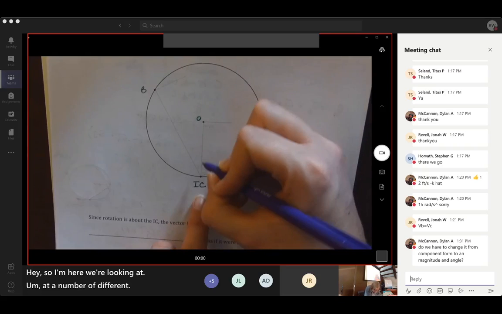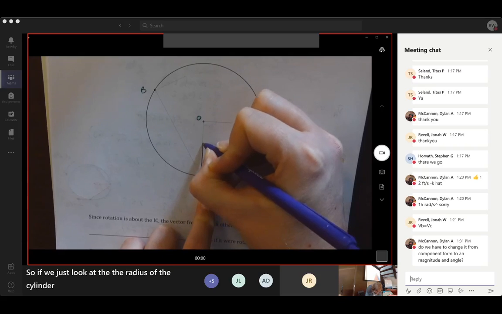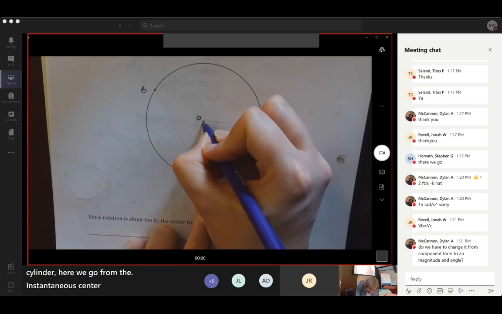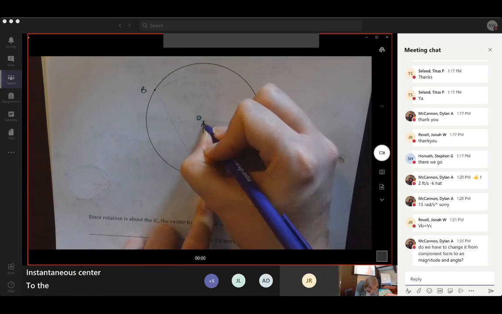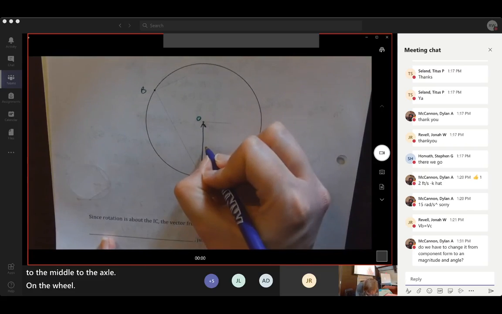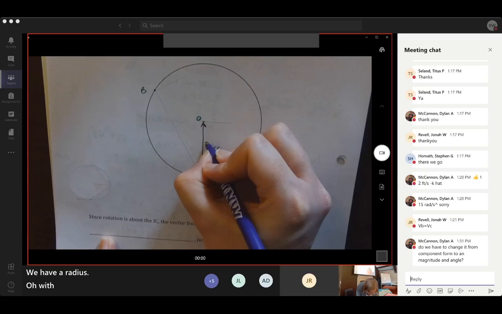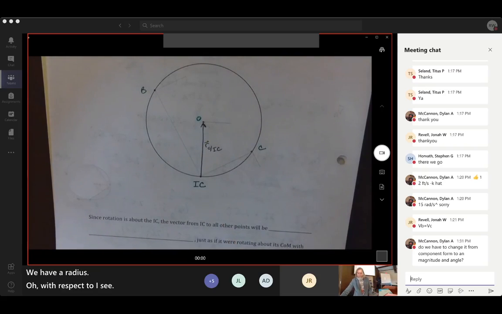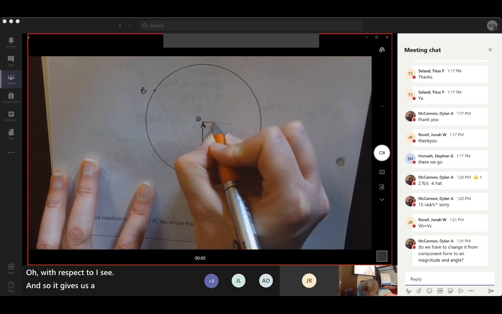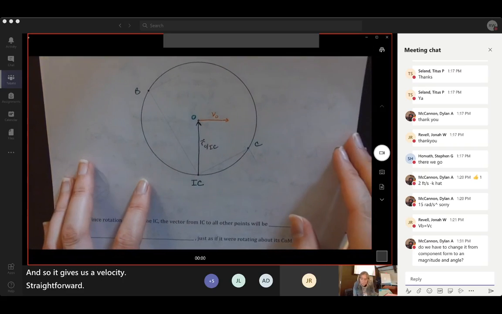If we just look at the radius of the cylinder here, we go from the instantaneous center to the middle, to the axle of the wheel. We have a radius O with respect to IC. And so it gives us a velocity straight forward. Okay.